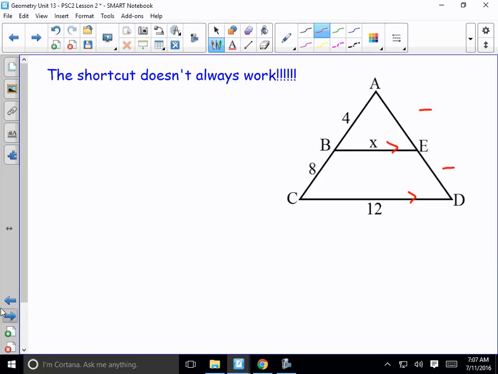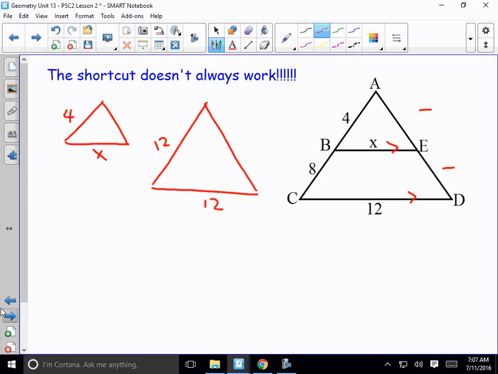What you have to do here is you have to go all the way back to your original rules of similarity, and you have to pull those triangles apart. Okay, and we'll show the difference between the right answer here and the wrong answer.